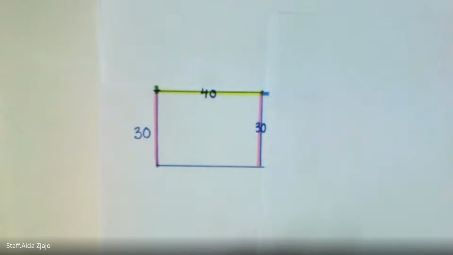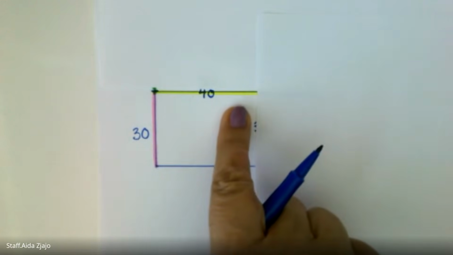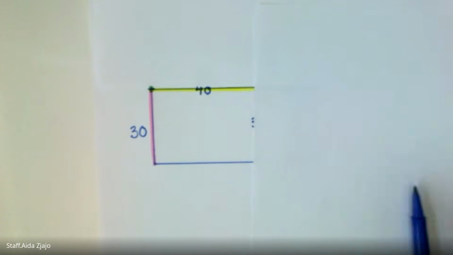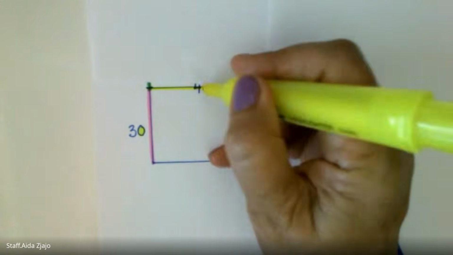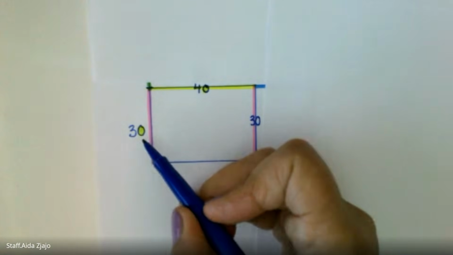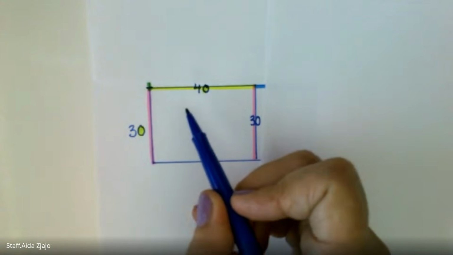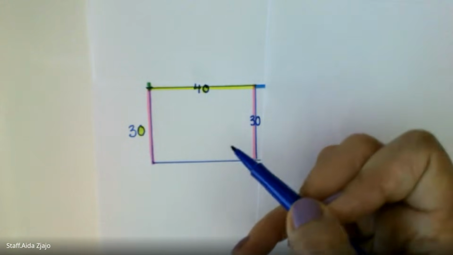So I have this one here, and that is 30 by 40. In this case, I have 2 zeros. I have 3 times 10, 30, and 4 times 10 is 40. So that tells me I can multiply 3 times 10 times 4 times 10, and 10 times 10 is 100.